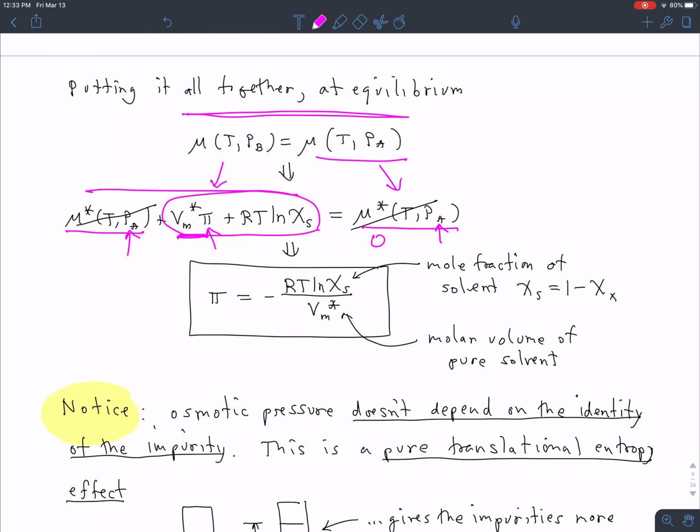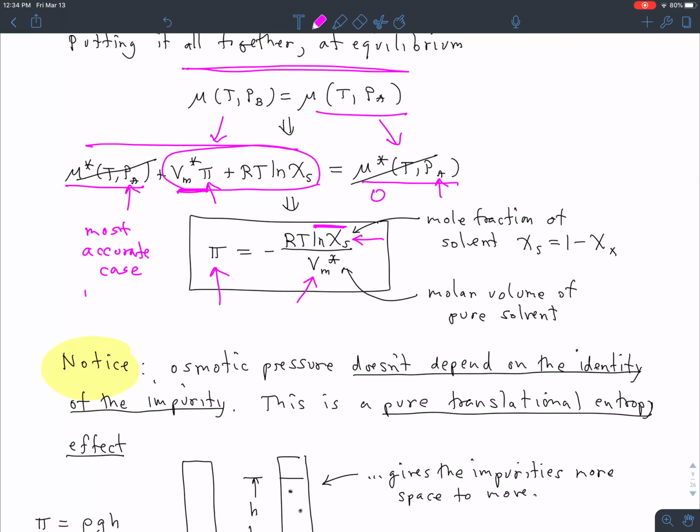If we solve now for the pressure difference, we get that the osmotic pressure is equal to RT times the logarithm of the mole fraction for the solvent, remember, not for the solute, divided by the molar volume for the pure solvent. This is the most accurate expression. But it's not the most convenient.